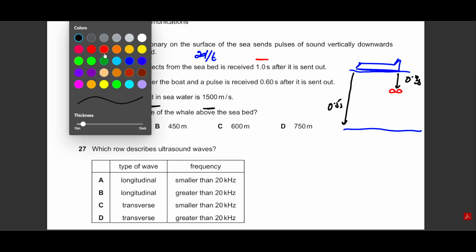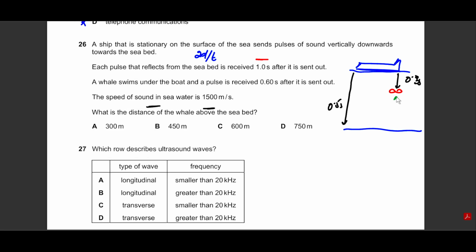So the question is about this part. How high above is this? Okay. So first, let's find out the distances of both sections. For this one, we have speed equals to distance over time. Speed is 1500. So 1500 multiplied by 0.5 is equal to distance. So distance comes out as 750 meters.